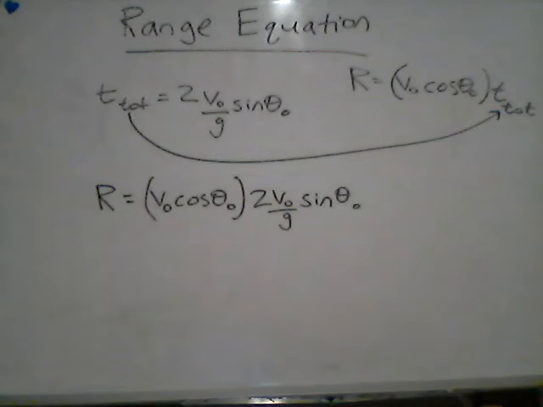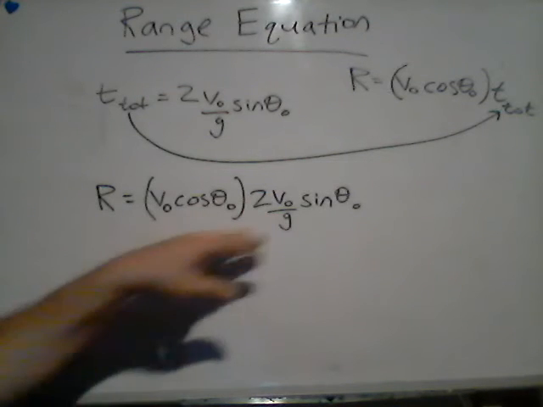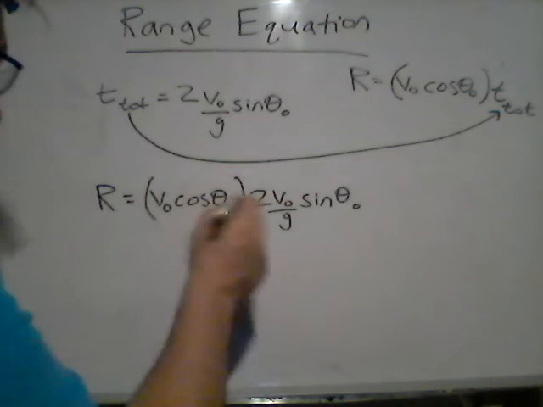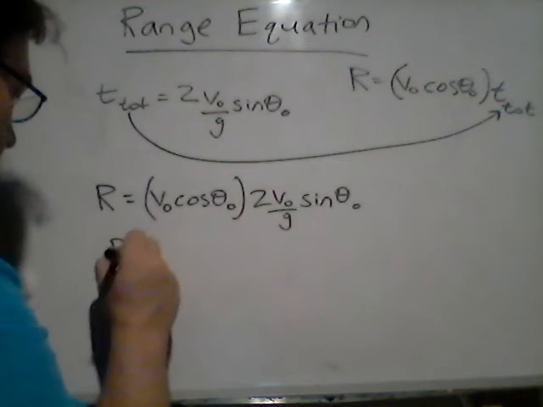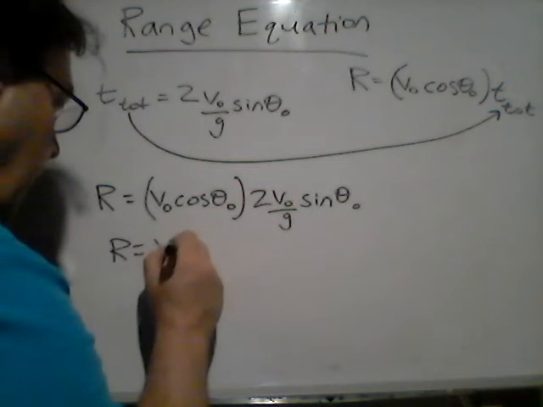So you combine the two times, and we will now combine like terms here. We're going to take the v naught squareds and put them together. So I have v naught squared over g. I'm just going to rearrange this a little bit.